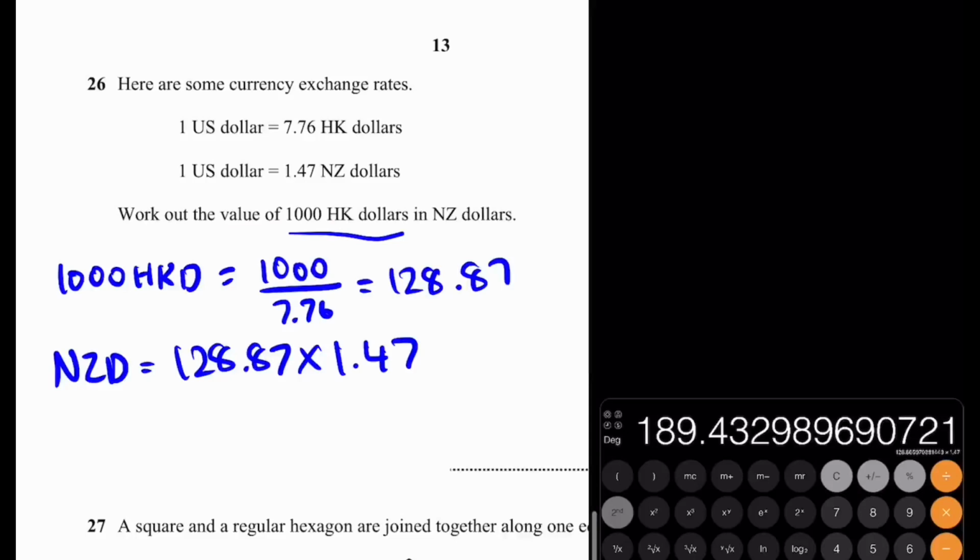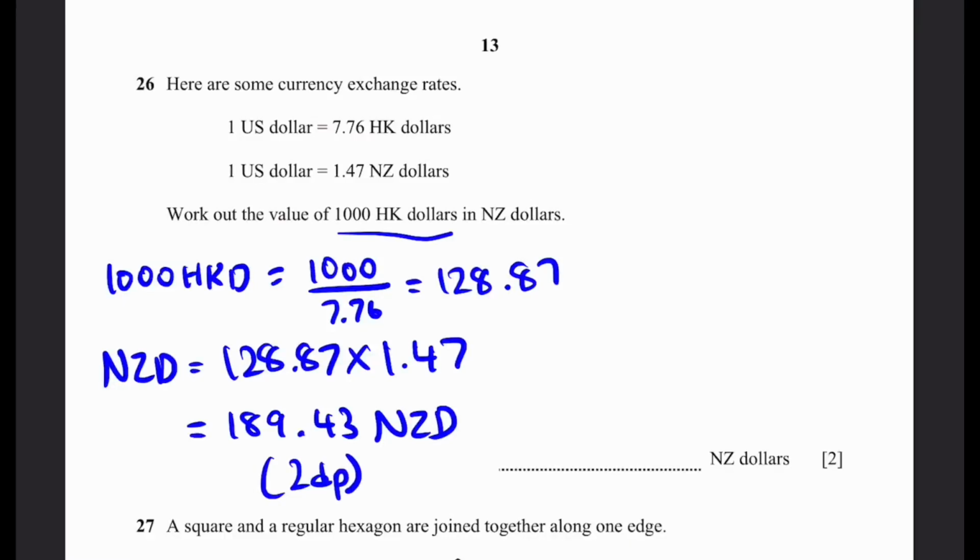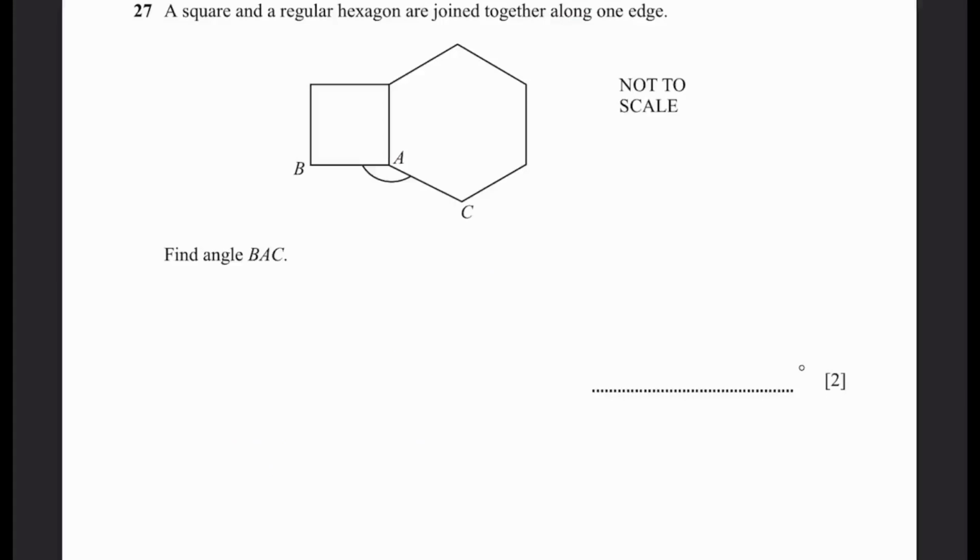That'll be equal to 189.43 NZD, New Zealand dollars, to 2 decimal places, because currency is always written in 2 decimal places. Now let's write the answer: 189.43. Next is question 27.